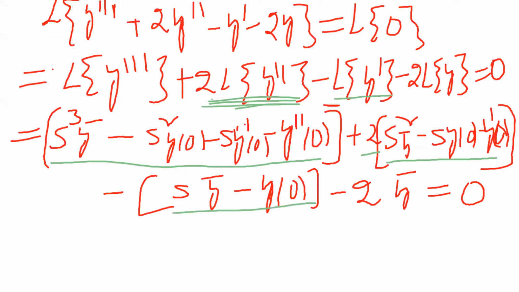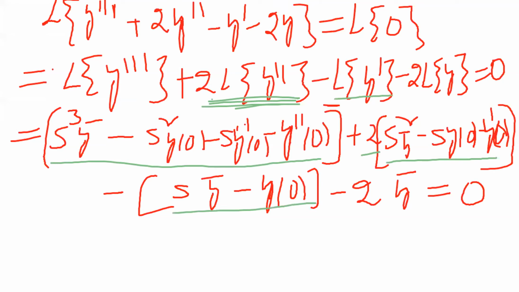Now we have to substitute the initial conditions in the above equation. Substituting these given conditions into the above equation, the given values are y of 0 equal to y dash of 0 equal to 0 and y double dash of 0 equal to 6.